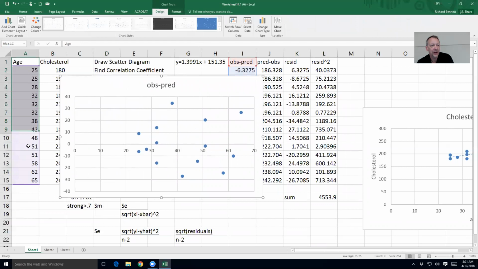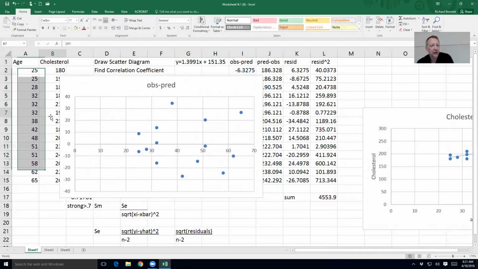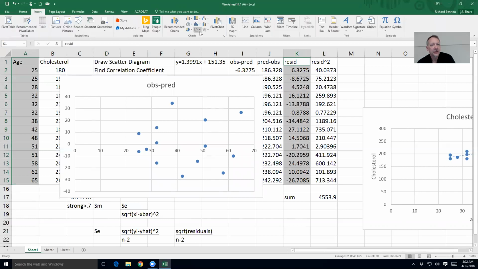Now we'll do the other one. We're going to grab the age, and now we're going to do the predicted minus the observed. That's the wrong one. Age and residual. So this is the opposite order. Insert, scatter.